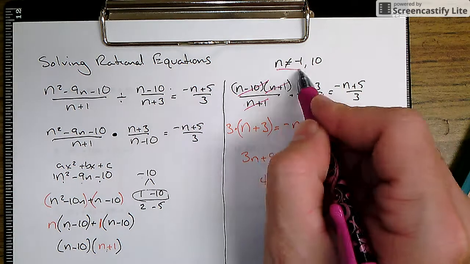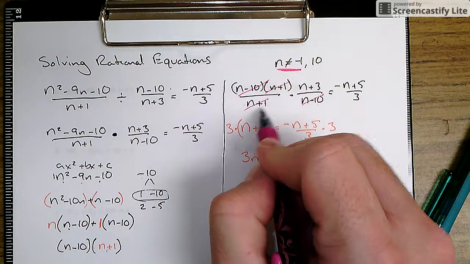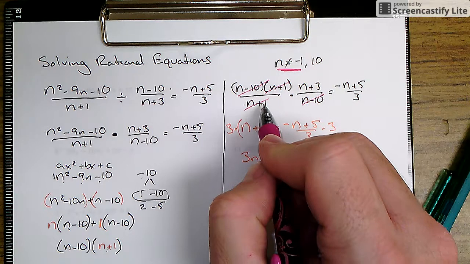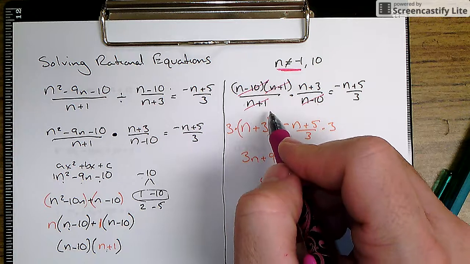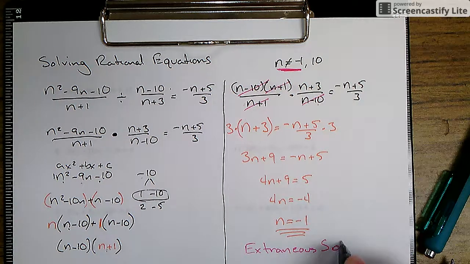I said up here, n cannot equal negative 1 because that would make this denominator in the original equation equal to 0, so we'd have division by 0 and then an undefined function. So this n equals negative 1 solution here is an extraneous solution. And since it's the only solution we came up with, this equation has no solution.